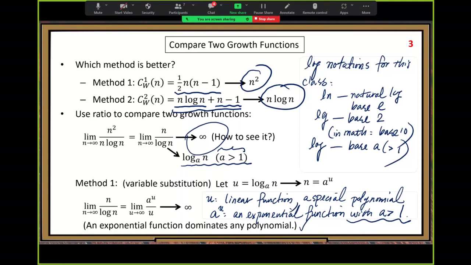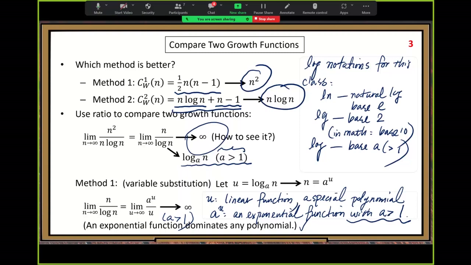There is a hidden condition that the base should be greater than 1 for the exponential function. With this fact, you can also see the ratio is infinity. But this is method 1.